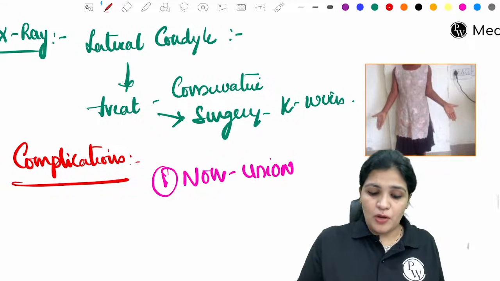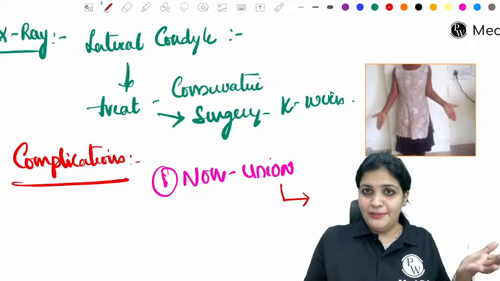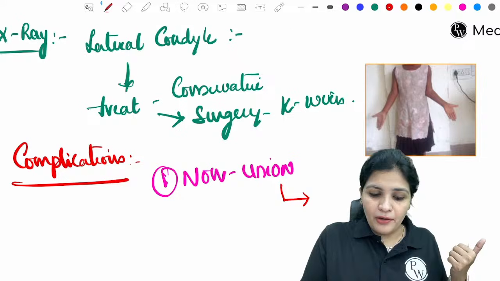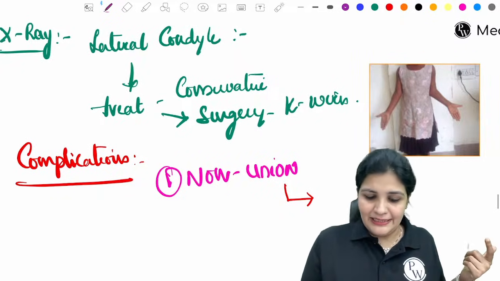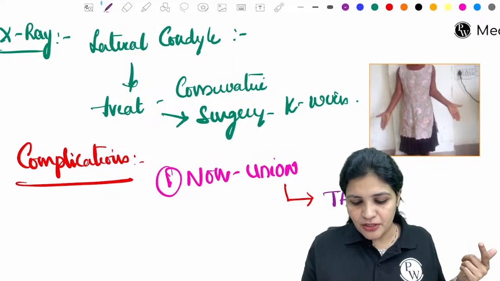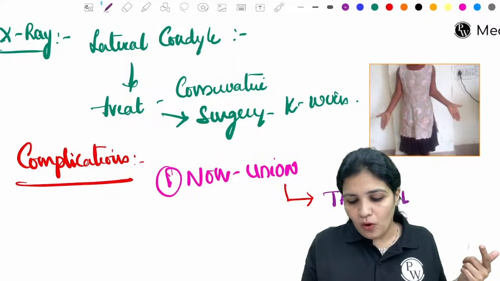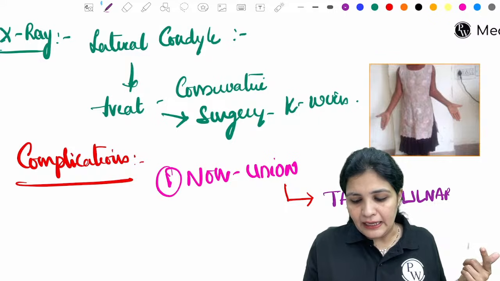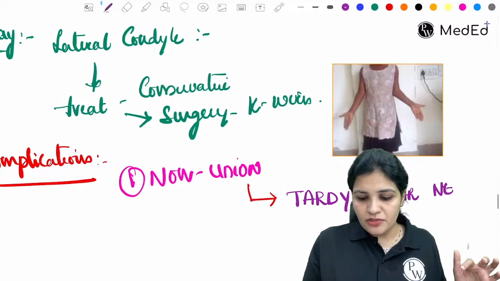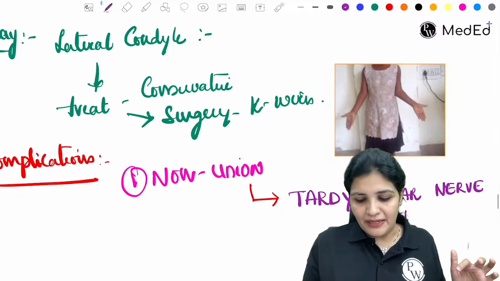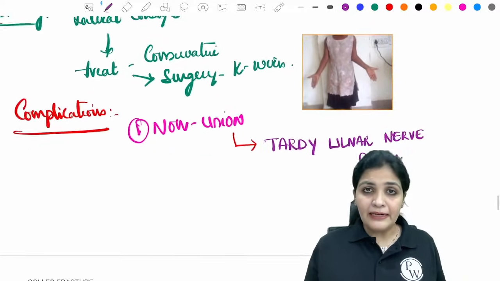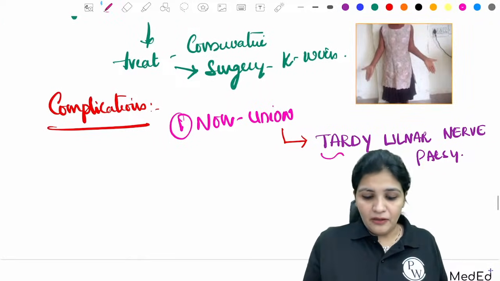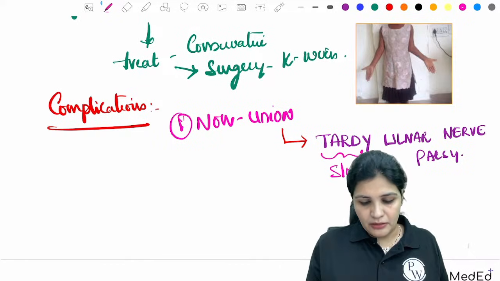Not to stop with this non-union, there is one more important complication you all should remember, and this is asked in the exam as a theory question or an MCQ. What is tardy ulnar nerve palsy? What do you mean by the word tardy? Tardy means slow.